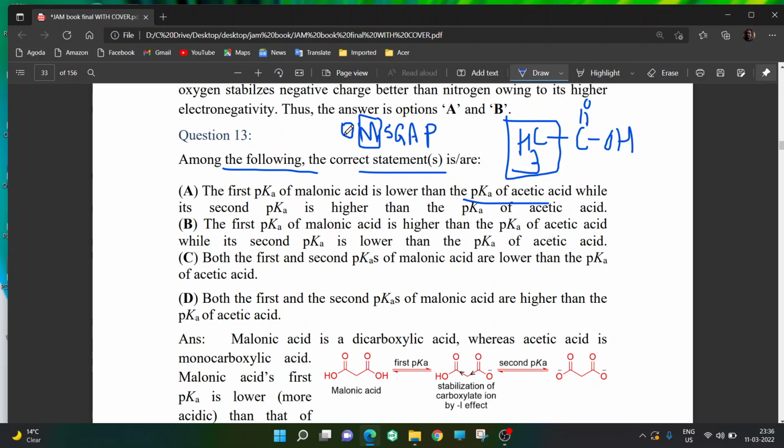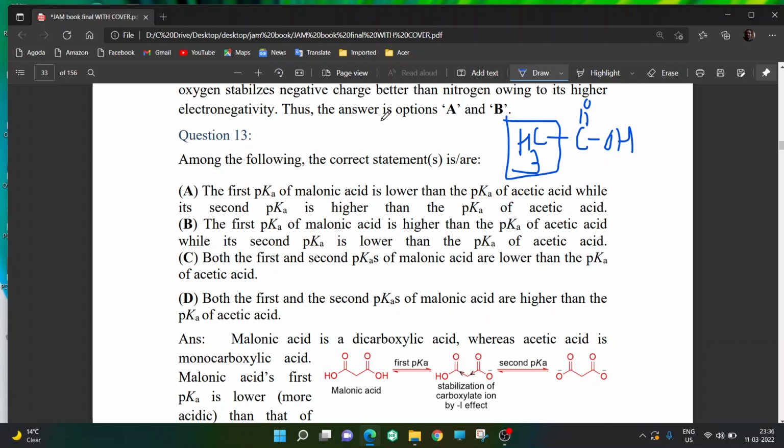Oxalic acid is a dicarboxylic acid which has 2 carbons. Malonic acid is also a dicarboxylic acid, which has 3 carbons. Similarly, succinic acid will have 4 carbons, glutaric will have 5, adipic will have 6, and palmitic will have 7. So M will have 3.